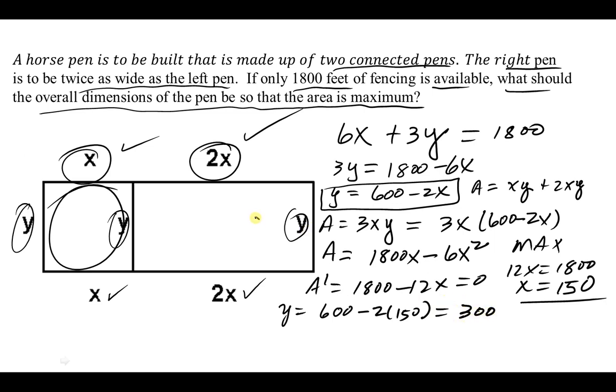So y is 300, and x is 150. So 2x is 300. So the total width will be 450 feet, and the height is going to be 300 feet.